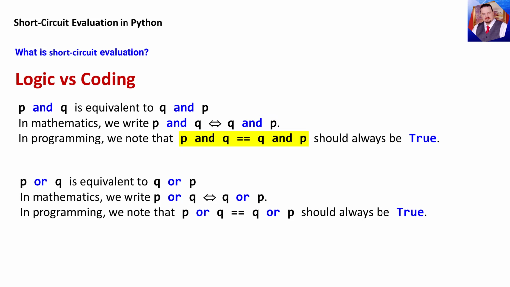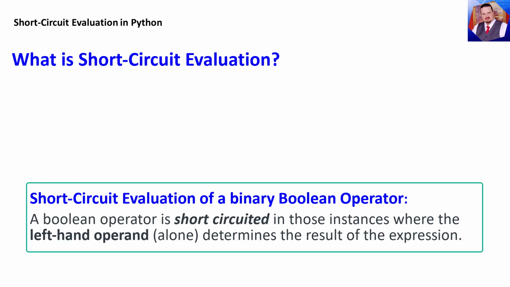In programming, we would want to say that the Boolean expression P and Q is equal to Q and P. That should always be true. But is it? That, in fact, is the basis of this video, and how short circuit evaluation can get us out of trouble. So again, what is short circuit evaluation? It is a programmatic technique where the right-hand operand is only evaluated if the left-hand factor did not determine the result. To really understand that, we need to look at their truth tables.